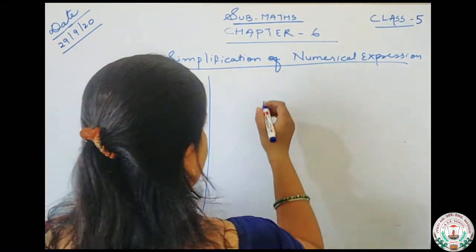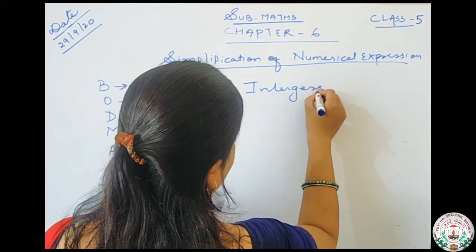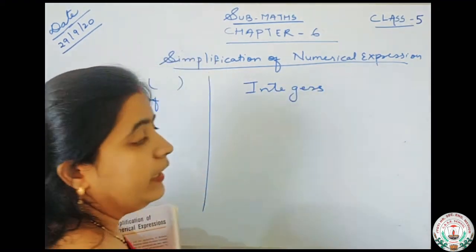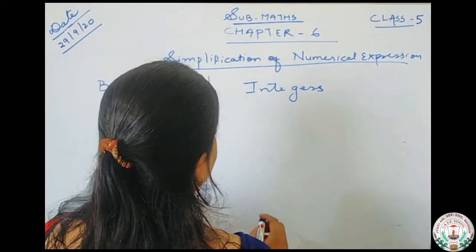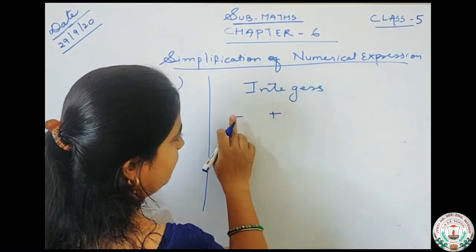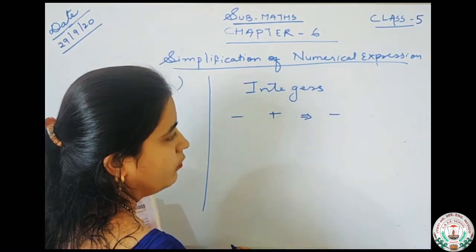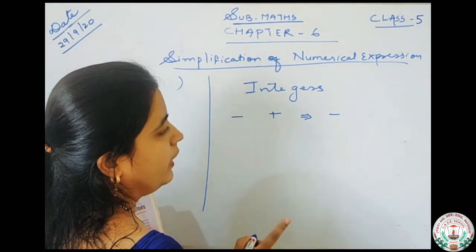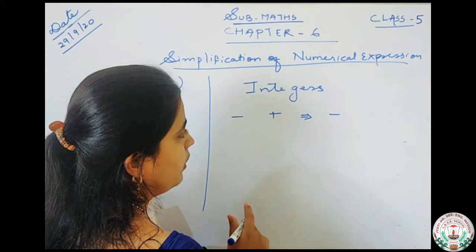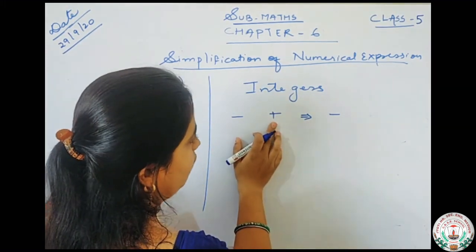Now, integers. I am explaining to you integers. What are integers? Negative and positive signs are known as integers. Okay. So whenever these two signs, minus and plus, come together, it will be subtraction. And you will put the sign of whichever number is greater, whatever sign is given before the greater number, that sign you will put. Okay.